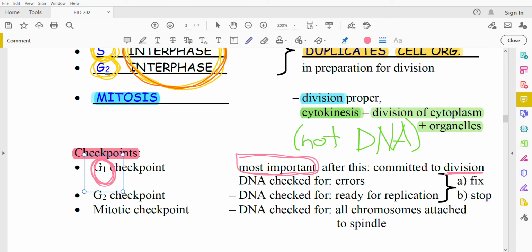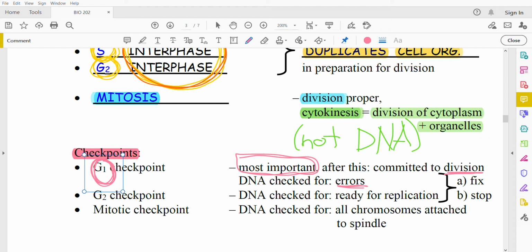It is going to divide after this checkpoint. During this checkpoint, we are checking the DNA for any errors. Is the DNA correctly copied? Are the two sets of DNA that we have correct? There should not be any errors within there.